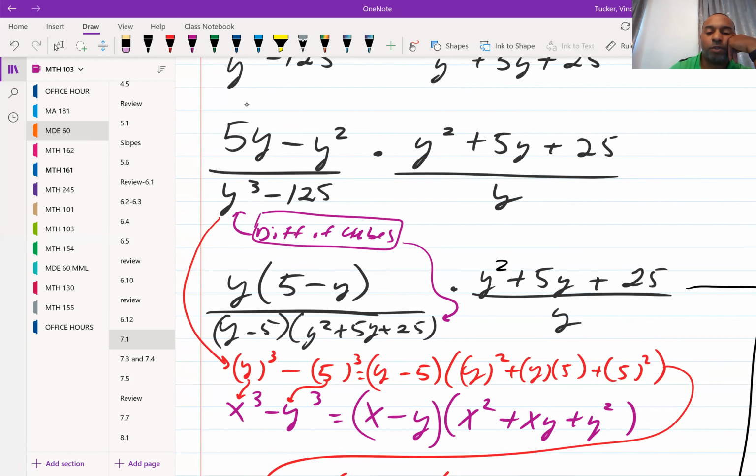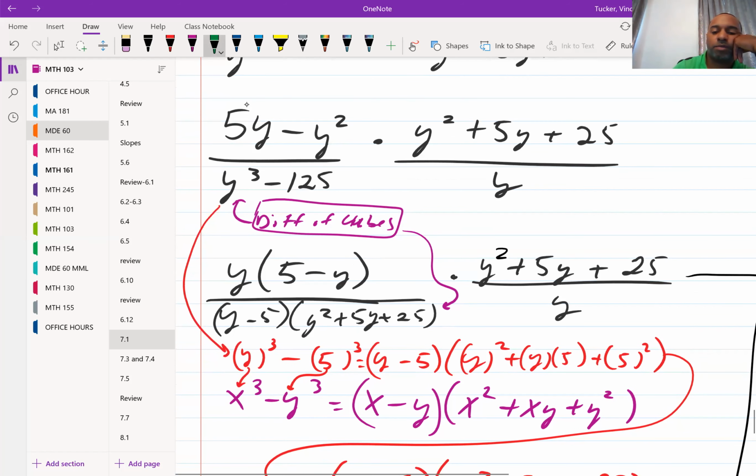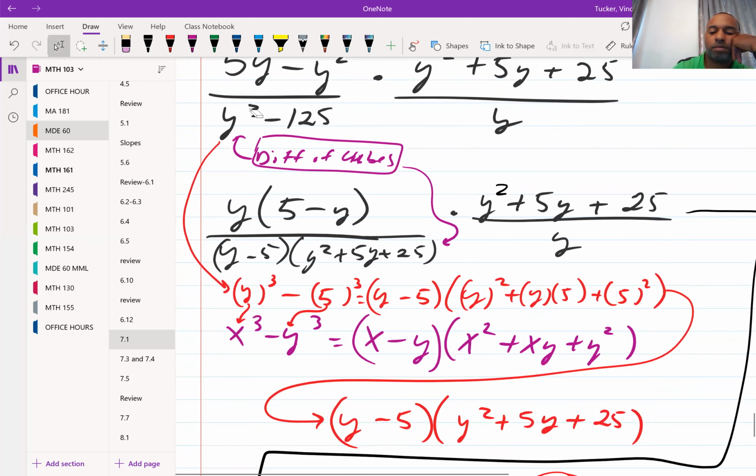If you have y cubed minus 5 cubed, plug in y for x, plug in 5 for y. And so that's what we did right here, mimicking this pattern of x and y. So that'll be y minus 5 times y squared plus 5y plus 25.